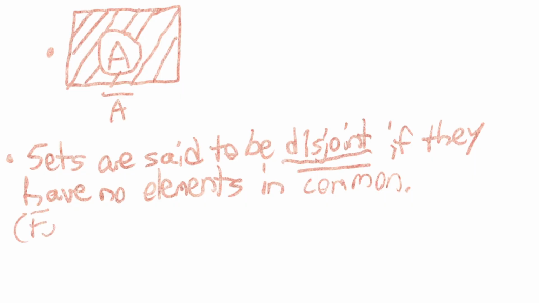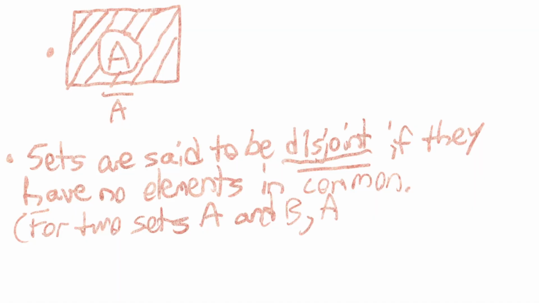So, for example, if you have two sets, A and B, the intersection of A and B would just be the empty set.